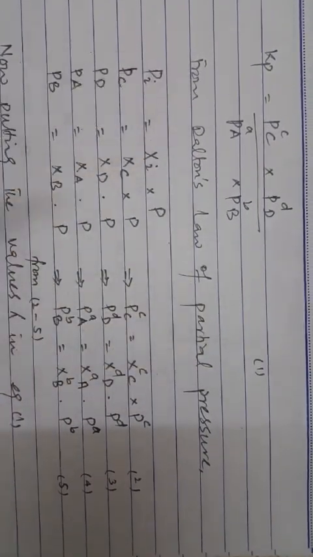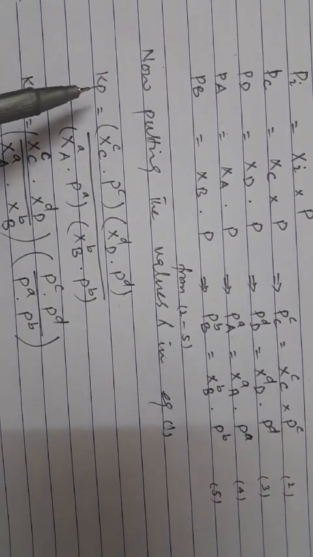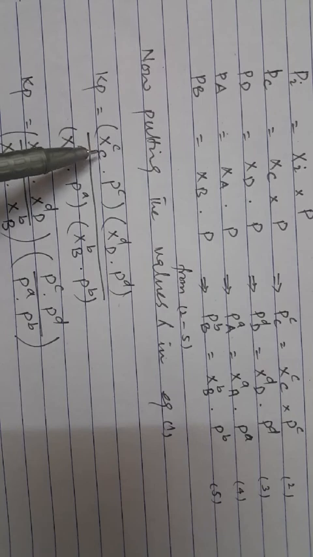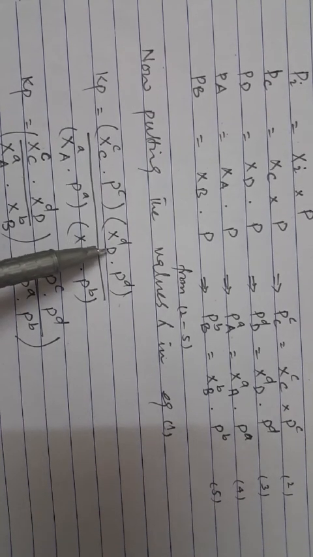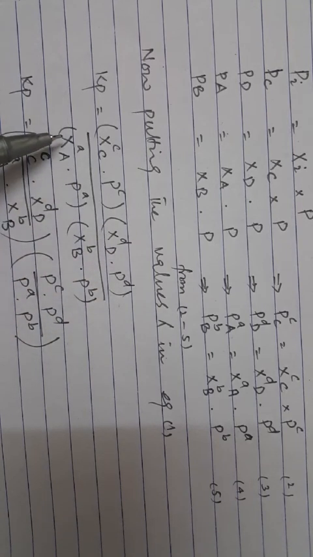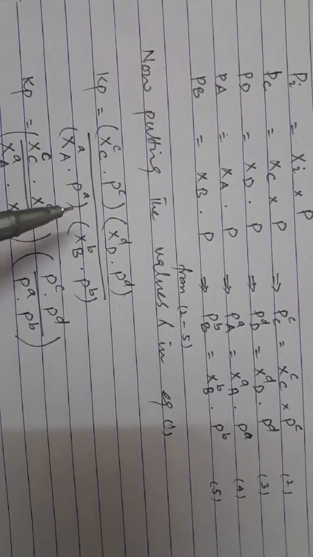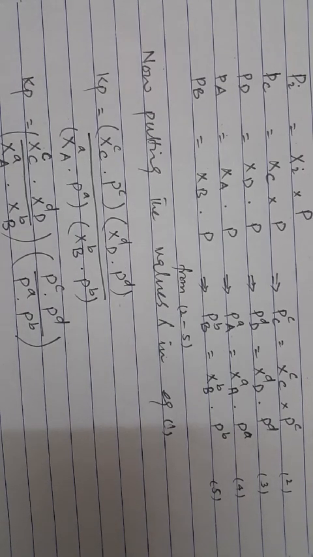Now put the values from equations 2 to 5 into equation 1, which is the Kp expression. Putting the values in equation 1, Kp is equal to mole fraction of C power c into pressure power c, mole fraction of D power d into pressure power d, divided by mole fraction of A power a into pressure power a and mole fraction of B power b into pressure power b.